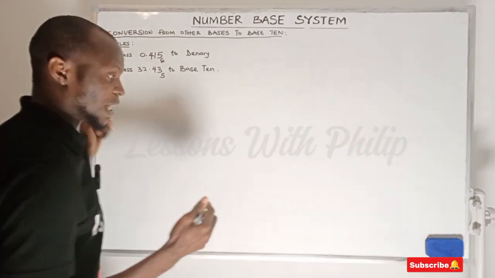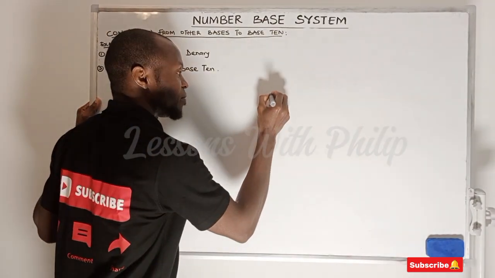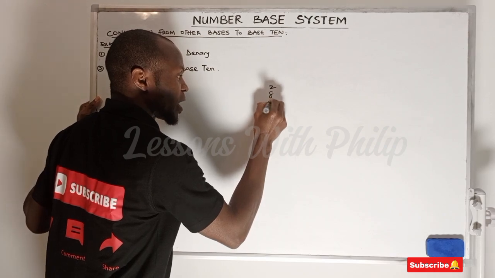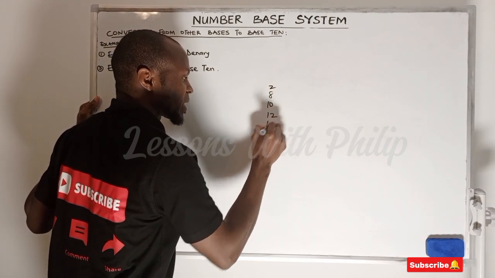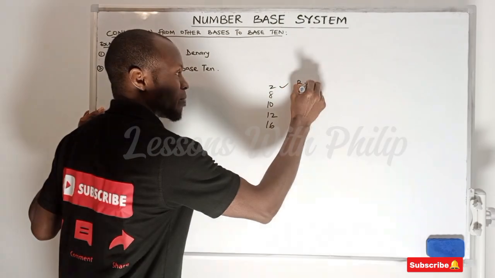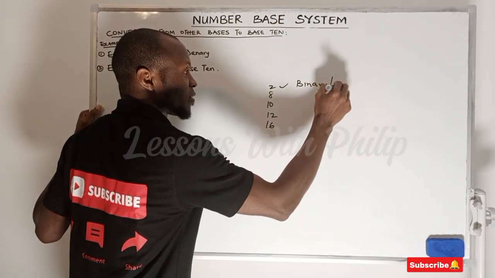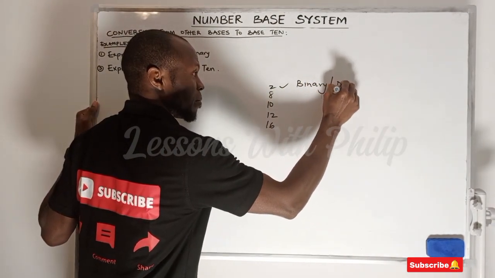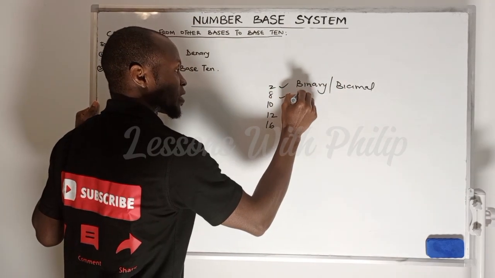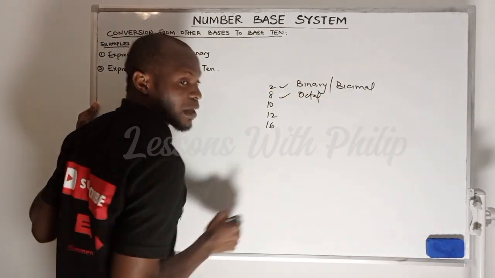Don't forget in my last class I said base 10 we have some names: base 8, base 2, base 10, base 12, and base 16. Base 2 is known as binary. Base 8 is known as octa base.